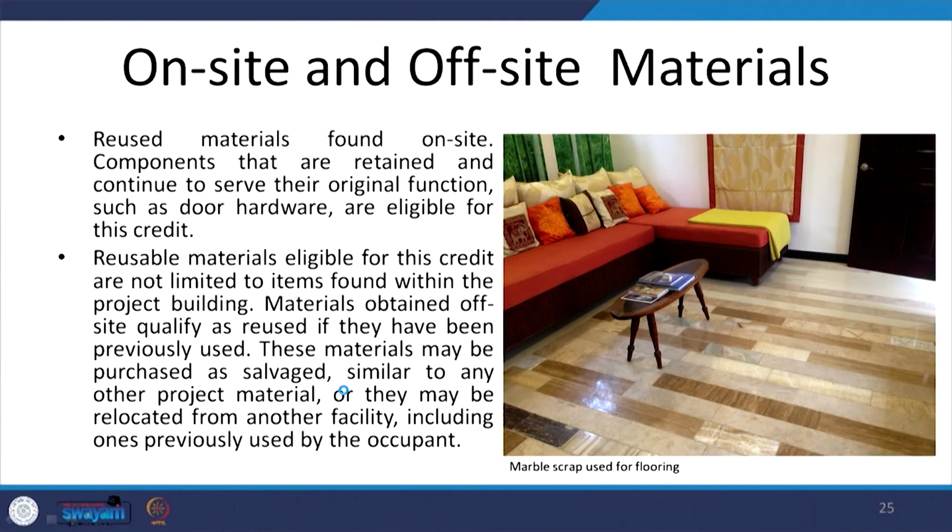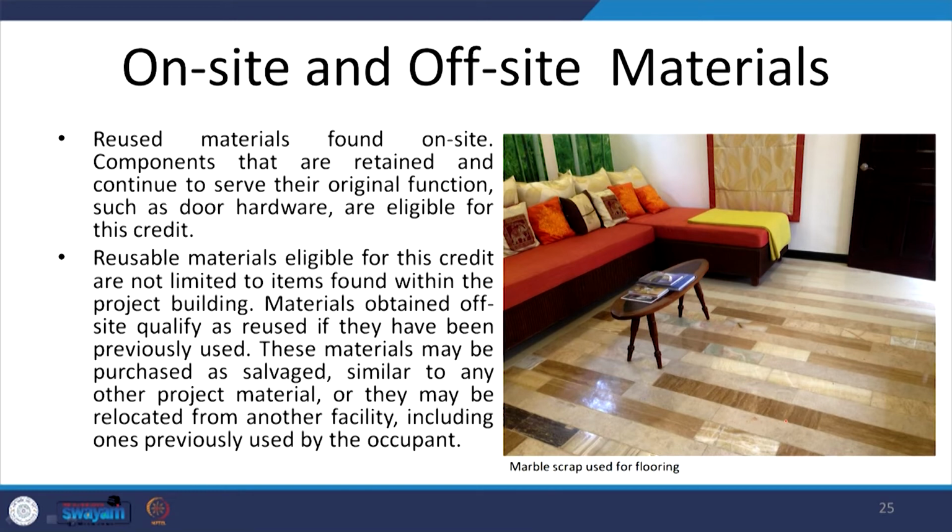Now, when we are talking about reused materials, some of these materials could be procured from the site itself, so on-site reused materials, or they could also be procured from some other site. So, this particular photograph, if you see, the flooring is actually done using the marble scrap.